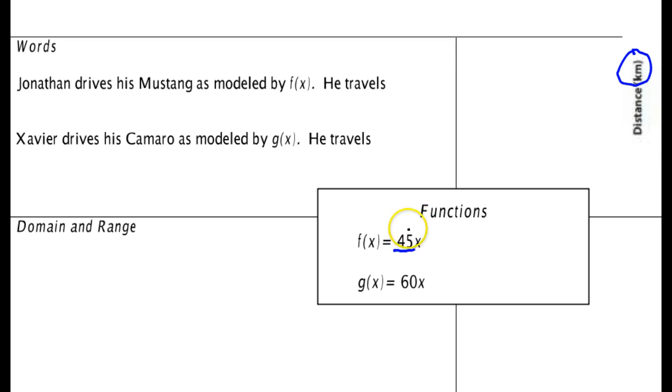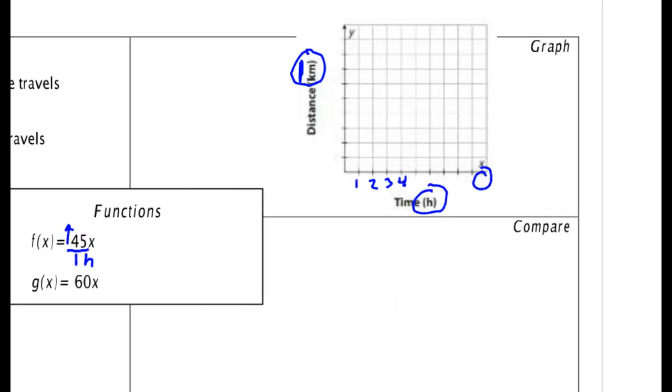Remember, okay, so first the graphing: 45 is 45 over 1, which means 45 kilometers, because that's the rise, right? That's the vertical. 45 kilometers for every 1 hour. So that means over here you have to label these, pick a certain increment to go by, so you can go by 45s. It means up 45 kilometers for every hour. It depends on what your scale is.